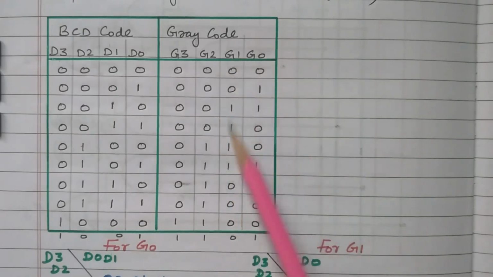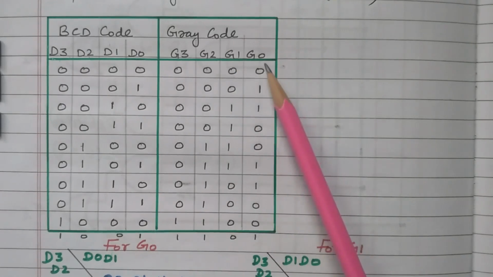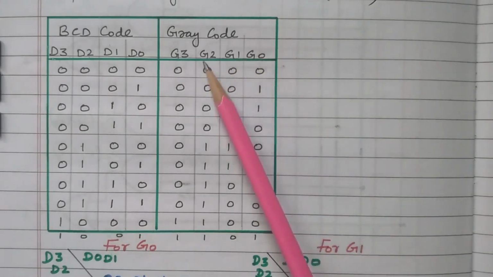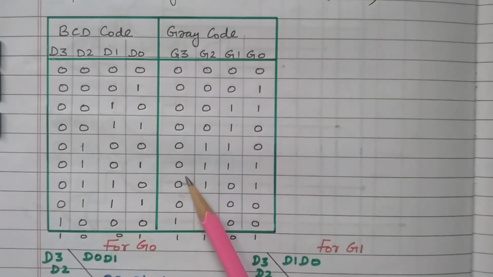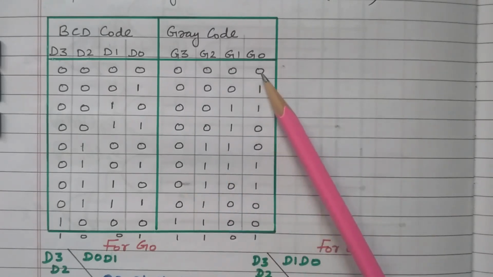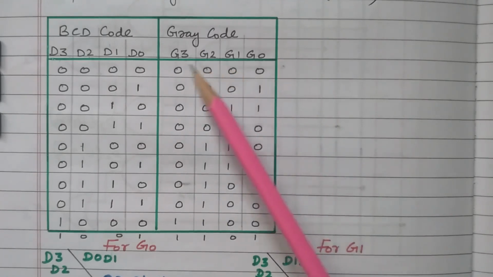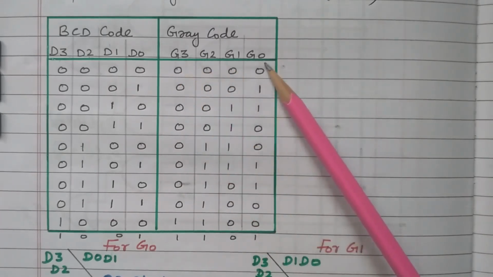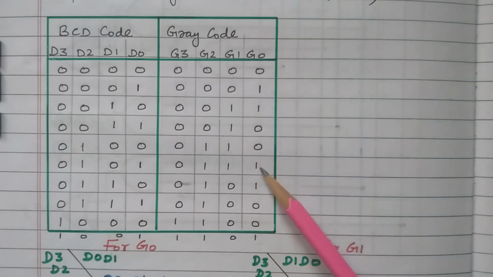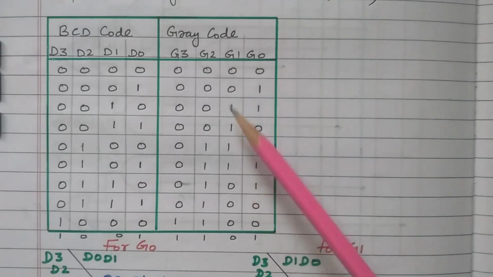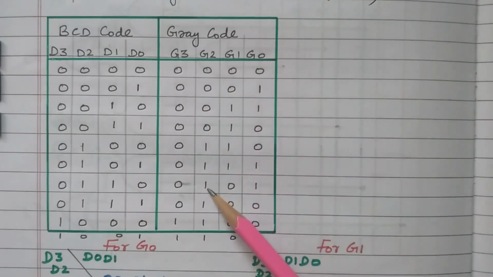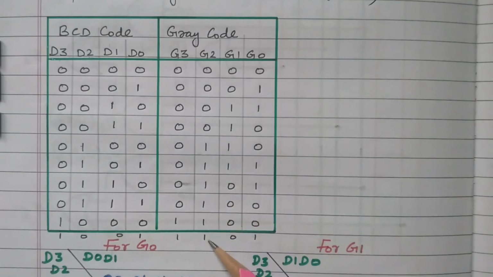Now we got the truth table. We have the values of G0, G1, G2, G3. By using the Karnaugh map we need to identify the minimized Boolean expression for G0, G1, G2 and G3. G0 has 5 ones, G1 has 4 ones, G2 has 6 ones, and G3 has 2 ones.